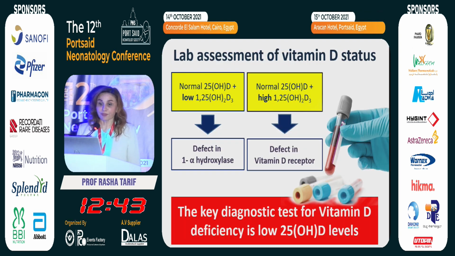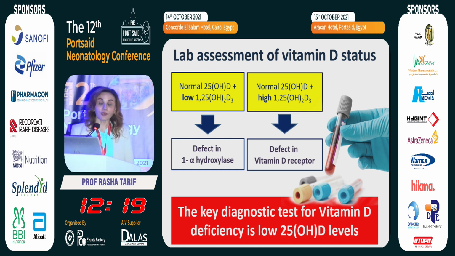Now, looking at the vitamin D status, of course, 25-hydroxy vitamin D is the most important diagnostic test to assess the vitamin D status. We cannot rely on 1,25-dihydroxy vitamin D because the half-life is very short. We only do it if we need to assess for vitamin D resistance.